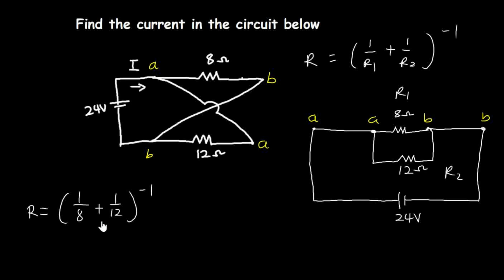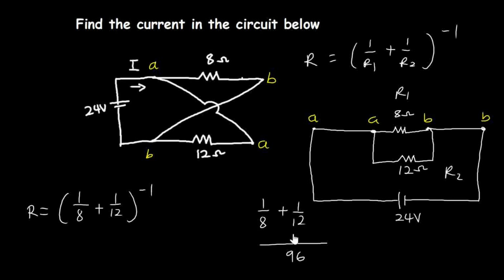When you have 1 over 8 plus 1 over 12, I'll multiply the denominators, 8 multiplying 12, which gives me 96.